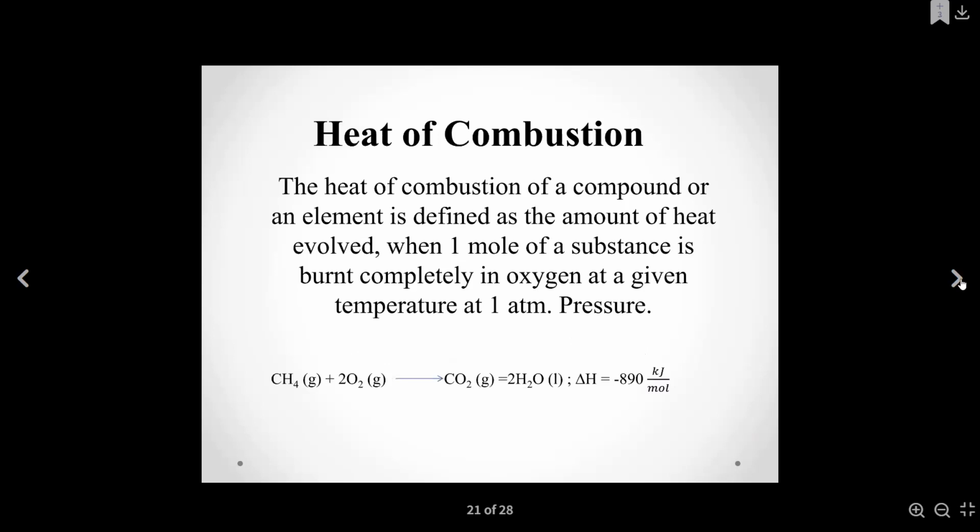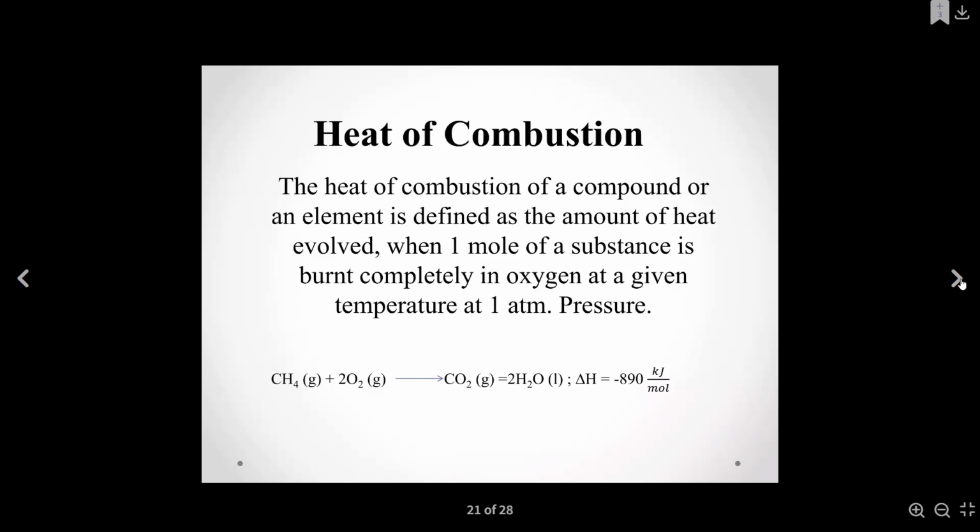And then the heat of combustion. The heat of combustion of a compound or element is defined as the amount of heat evolved when 1 mole of a substance is burned completely in oxygen at a given temperature. So you see, in this case, we have methane burning to produce carbon dioxide.